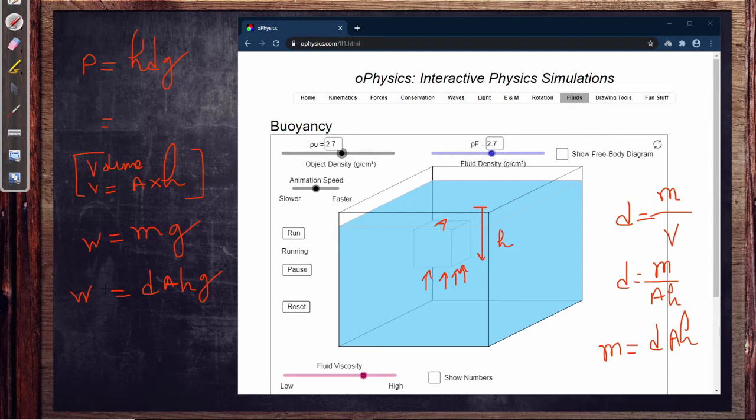Alright. So W is the weight, but weight is nothing but the gravitational force. That is how the body is getting attracted by the gravity. So instead of W, I'm writing here F, that means force. So let me make it more clear to you: hdg into A is there.